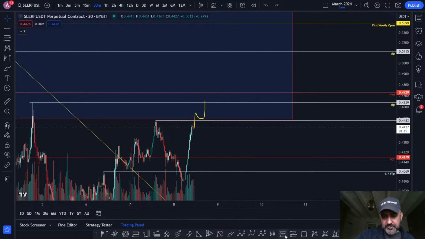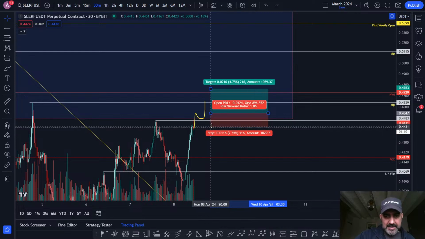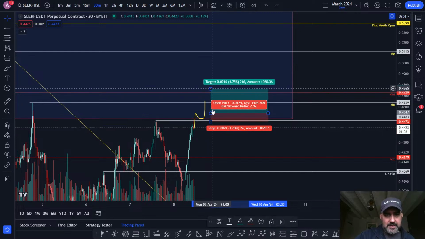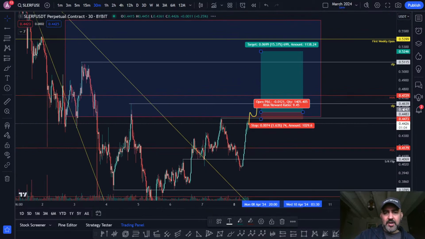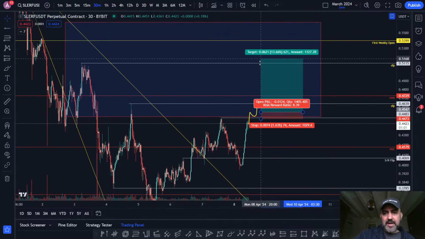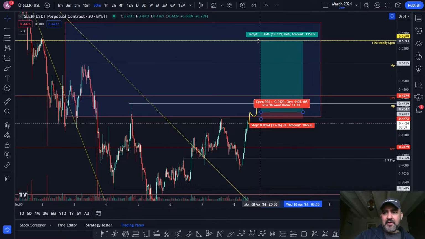There could be an entry here, but you have to wait for a little flip. You need to see a little SR flip. That will give you an invalidation, and then maybe you could enter on the breakout to push right up as far as it can go.